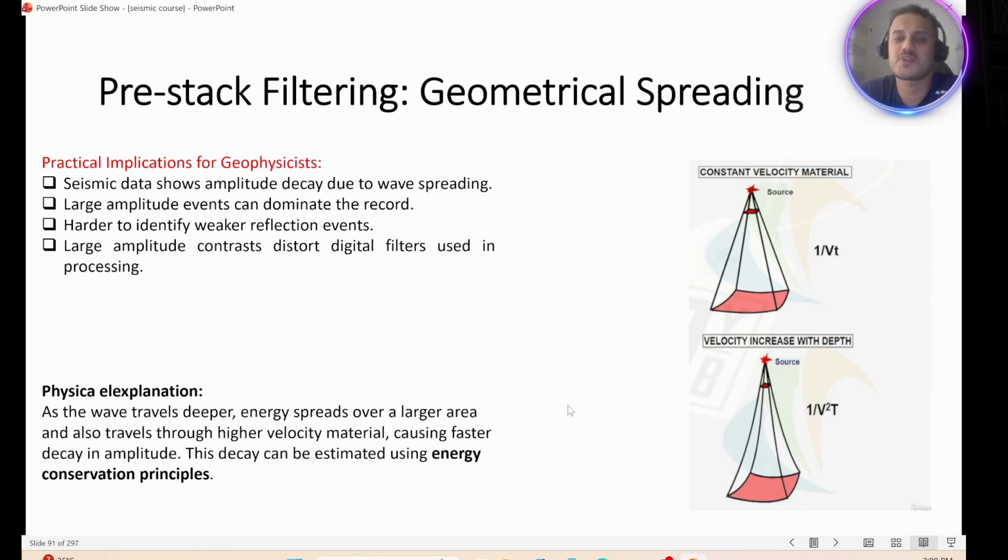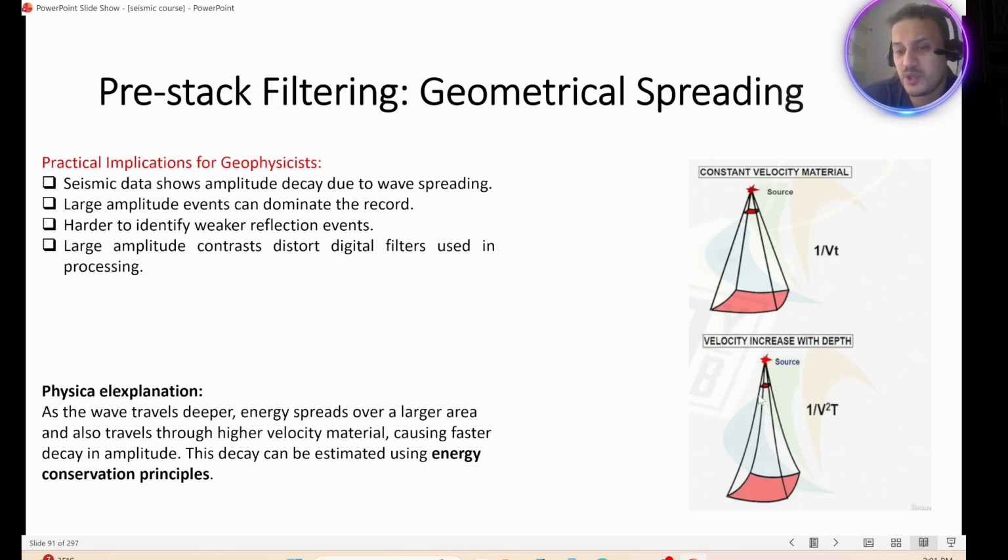The physical explanation here: when the seismic wave goes through the ground, it loses energy. The deeper it goes, the more energy is used. In the homogeneous case, with constant velocity, the estimated amplitude reduction will be 1 divided by the velocity at a specific time, but when you go deeper, the estimated amplitude loss will be 1 divided by the velocity squared at a specific time.